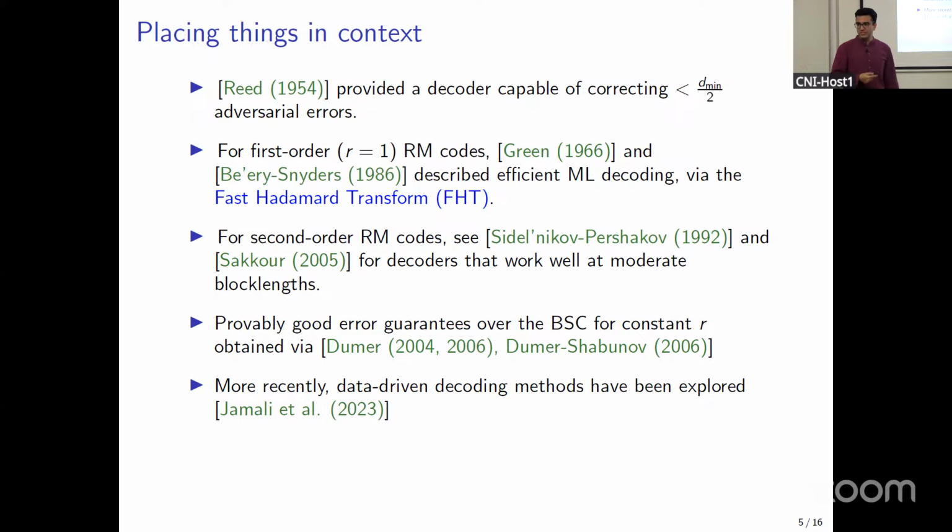He has a series of works, some independently, some along with Ilya Shabanov, where he talks about a specific decoding strategy for the Reed-Muller family that achieves good error guarantees for constant R. But you can actually extend his results to the case when R grows with M also, and show that we still have vanishing error probabilities.